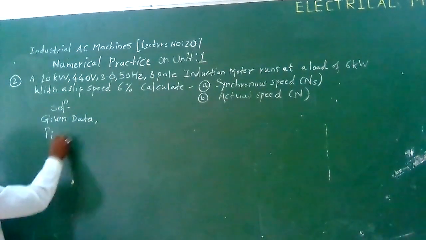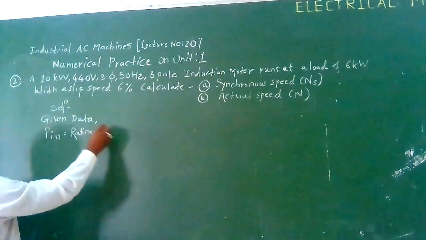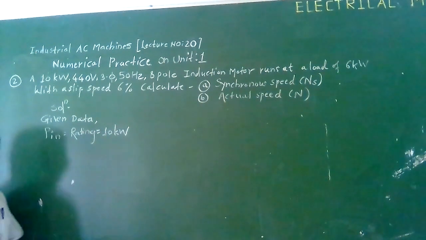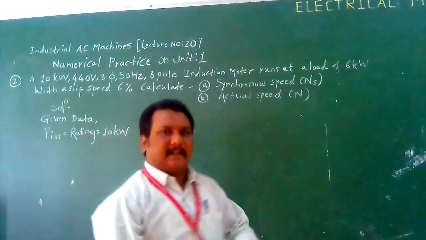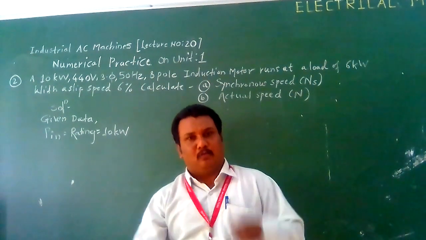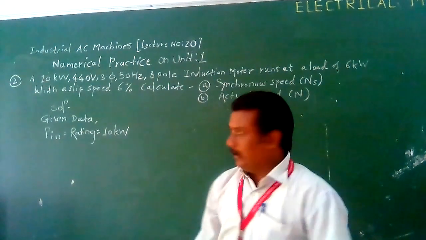Input power, meaning rating, is 10 kilowatt. In a numerical some data are not useful, but in the given data we have to write each and every given datum first.